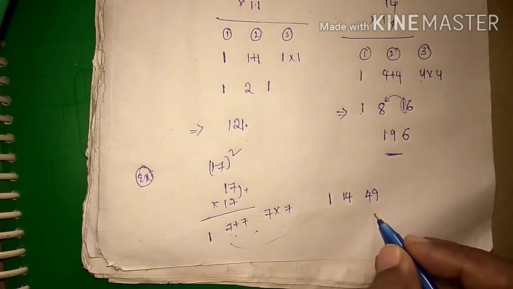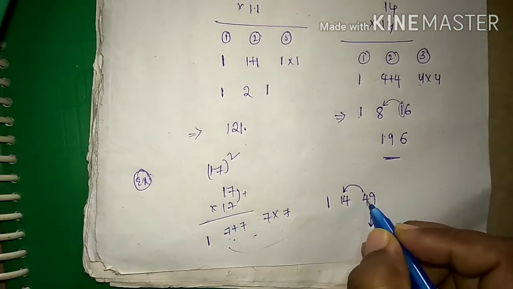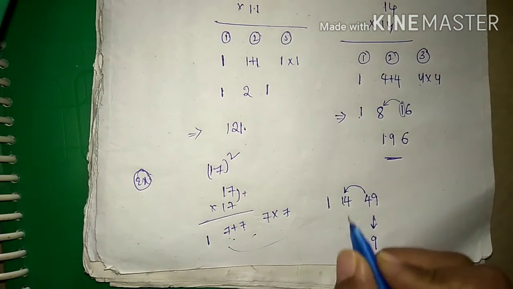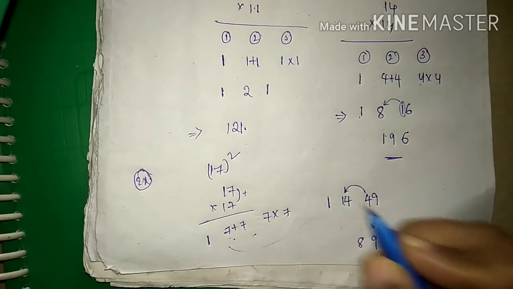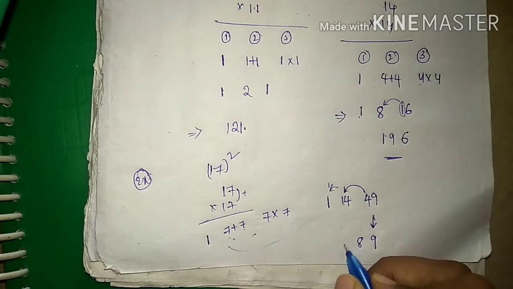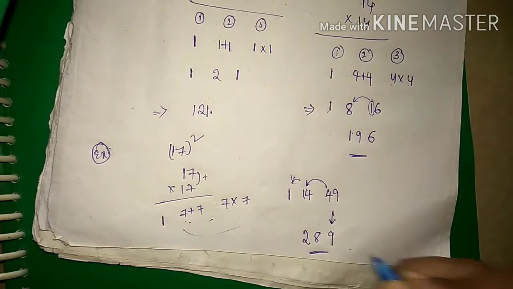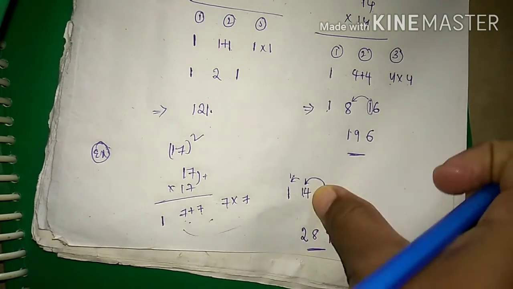We have to write 9 here and 4 is carry. We have to add 4 to the 14, so 18, 8 and 1 is carry. So we have to add 1 to the other 1, which is 2. 17 whole square is 289. Hope you understand this trick.